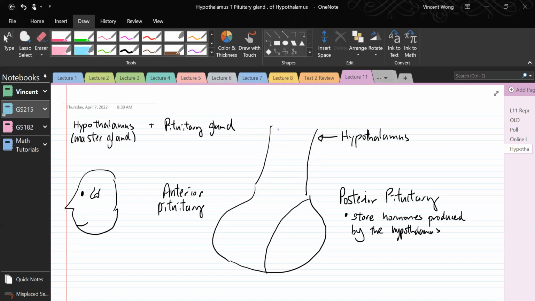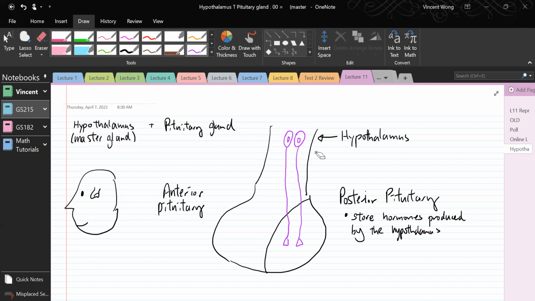But just to give you a heads up or review, whichever it is, we have some neurons where the cell body is in the hypothalamus, and then their axon goes all the way down to the posterior pituitary gland. And you have the axon terminal right here.